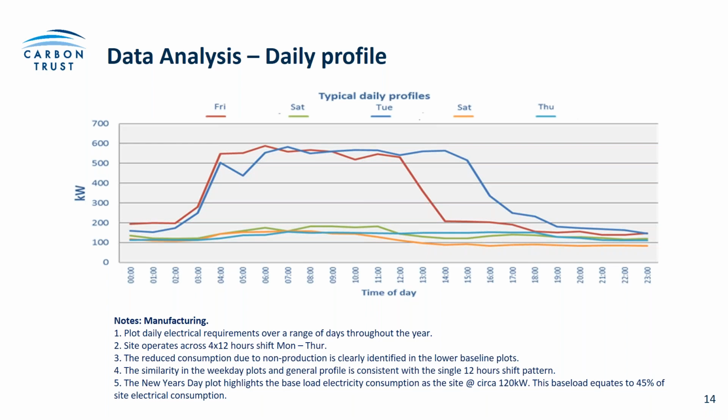You can see the early shutdown on the Friday is as expected. And then the out of hours base load is well quantified at over 100 kilowatts, which, okay, for a manufacturing site, is still high. Could be heavy refrigeration, and so there is going to be a constant, but over 100 still warrants a bit of investigation.